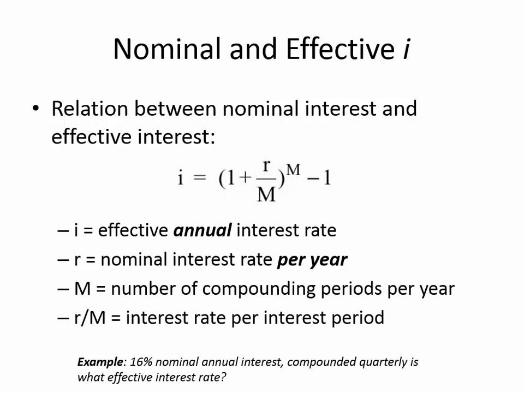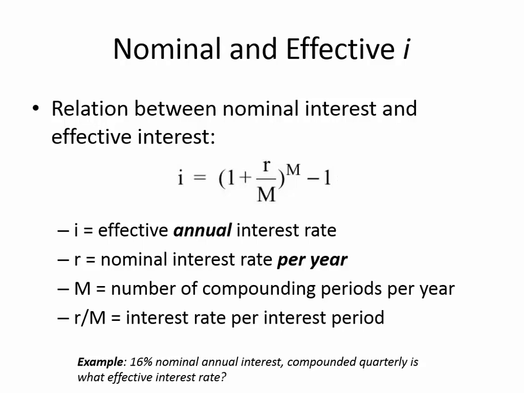Nominal is 16%. And so here, the R, the nominal interest rate per year, R is 0.16. The M is the number of compounding periods, and in this illustration we want to know if it's compounded quarterly, then that means that there's 4. M equals 4.